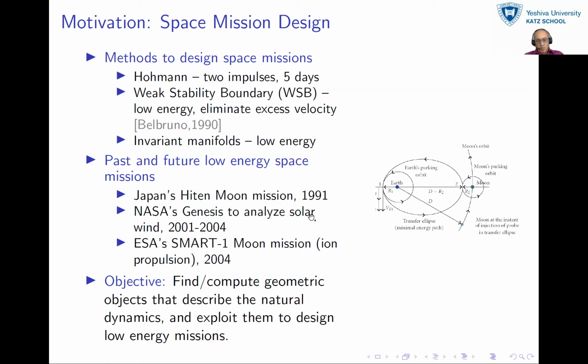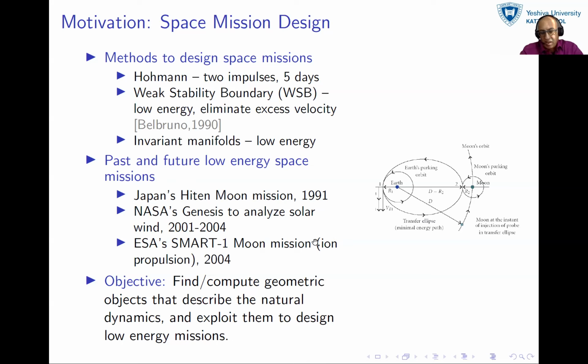And there are other types of methods to design low energy space missions. So they involve invariant manifolds, which I'm going to try to describe later. And these are methods that have been used. So the first use of the weak stability boundary method was for a Japanese satellite mission to the moon in 1991.